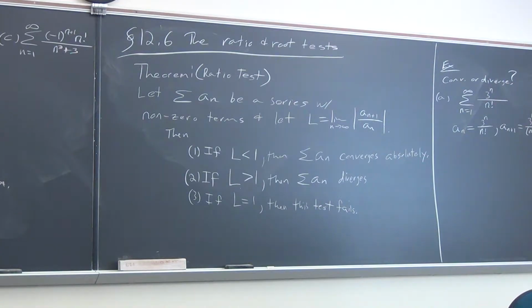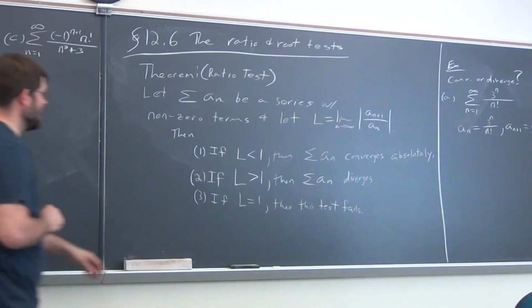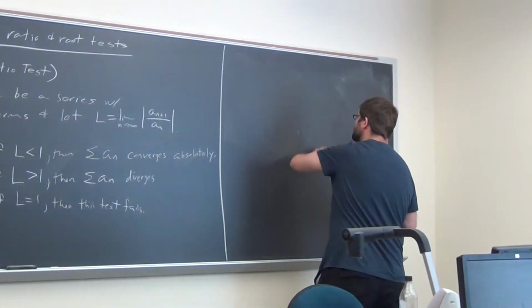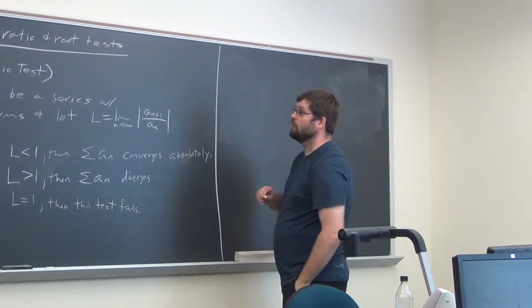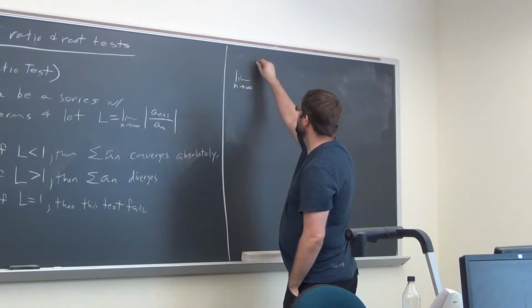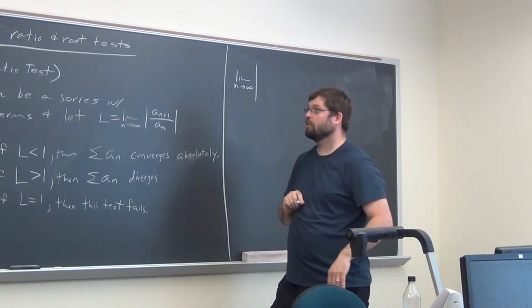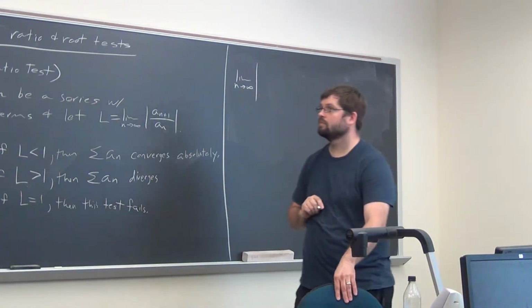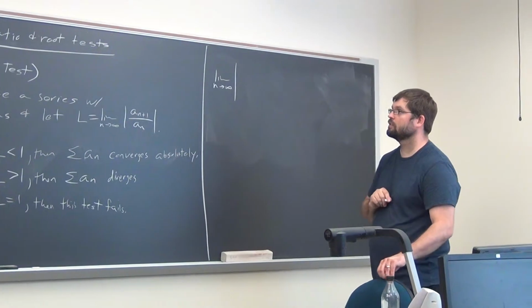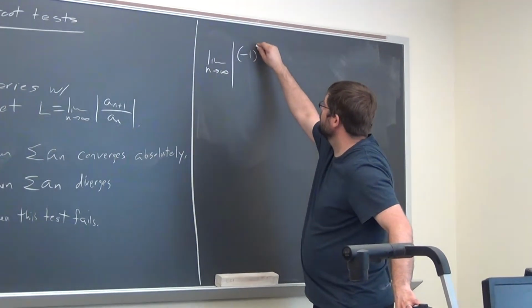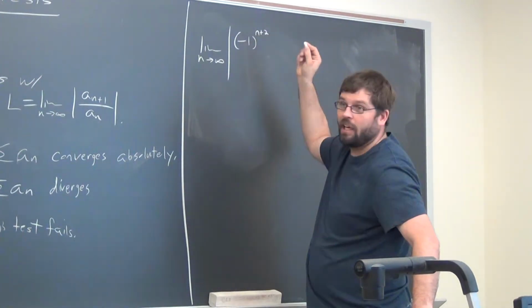Okay, so let's try the other one, and again, there's not enough space, so I'll move over here. With this one, I'm going to just do again, limit as n goes to infinity of the n plus first term. What is it this time? So for that, negative 1 to the n plus 1 plus 1, I'll just say n plus 2.